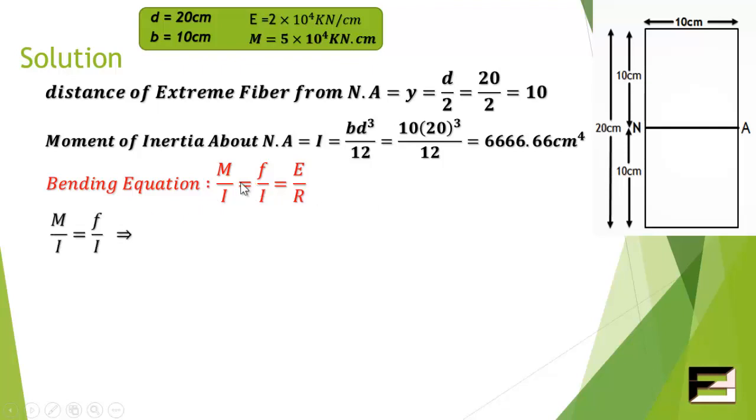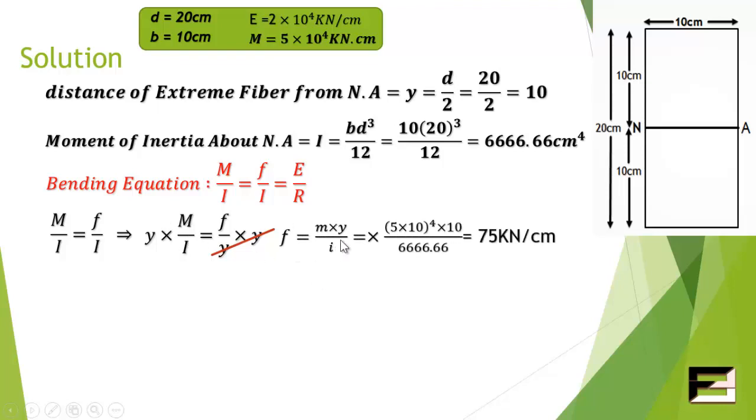We need F, the maximum bending stress, so we take two parts from this equation: M over I is equal to F over Y. We need F, so we multiply Y on both sides. F is equal to M multiplied by Y divided by I.